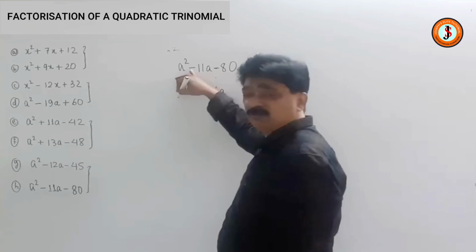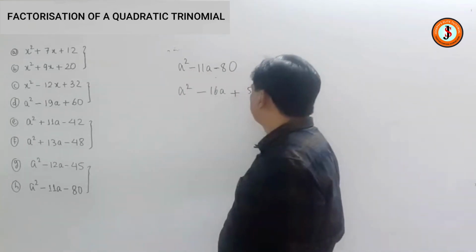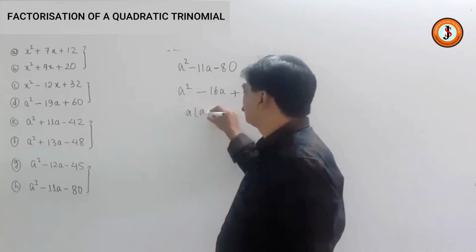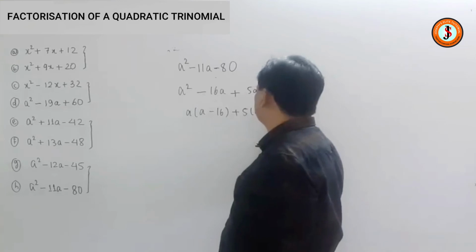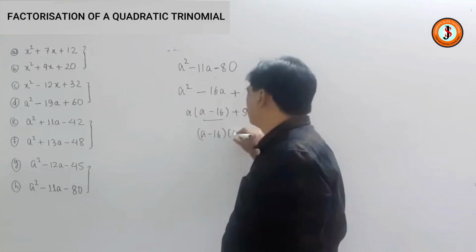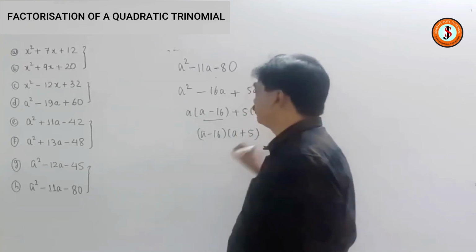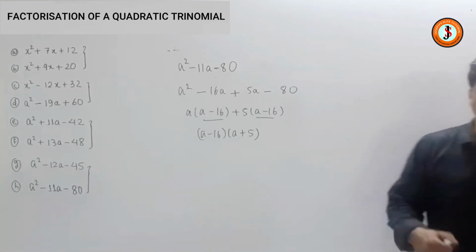This sign will be given to the larger one. a minus 16 plus 5, a minus 16, we take common, so we get a plus 5. That's right. So this is how we go ahead.